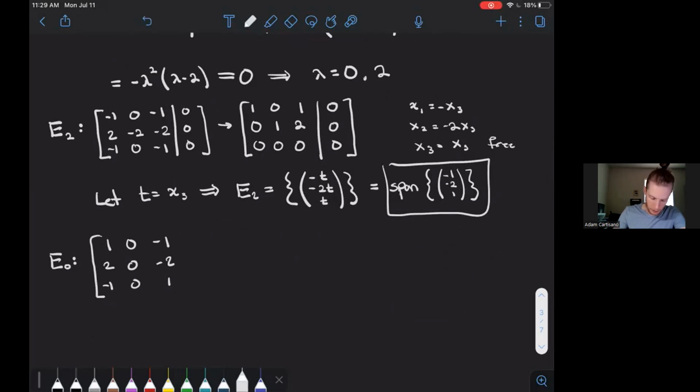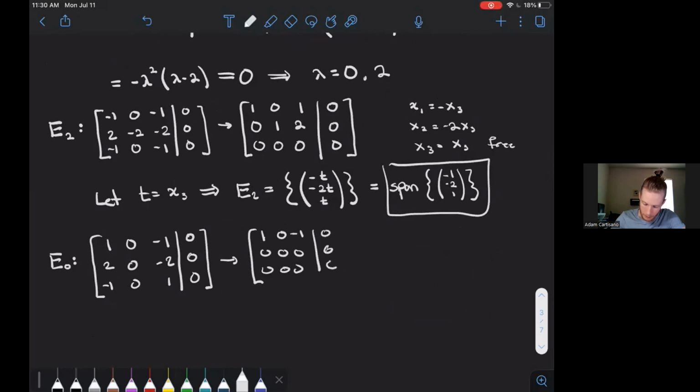Oh, augment with 0, of course. Well, this thing, you can row reduce it just by squinting at it. You just pivot around this 1 and we're literally done. So 1, 0, -1, 0, and then rows of zeros.